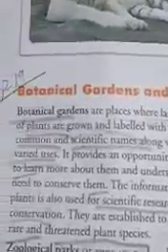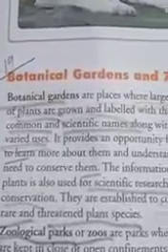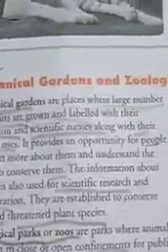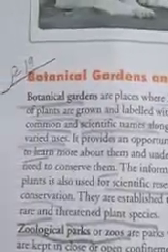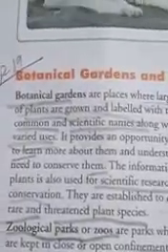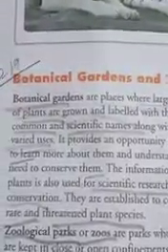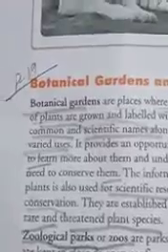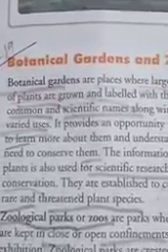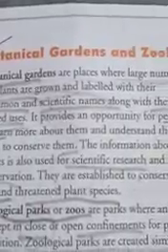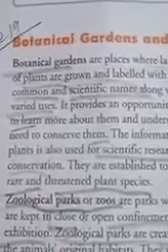The information about plants is also used for scientific research and conservation. They are established to conserve rare and threatened plant species. This is the major use of a botanical garden.